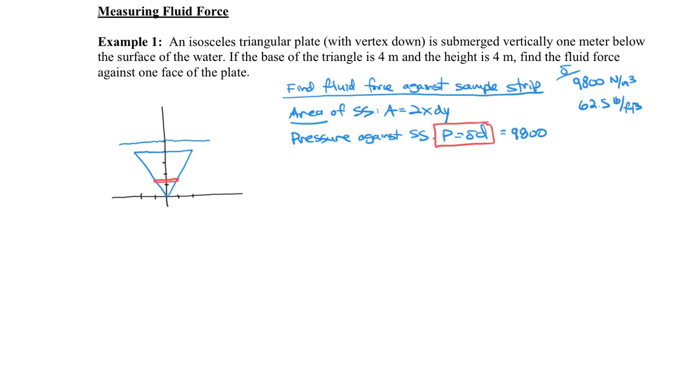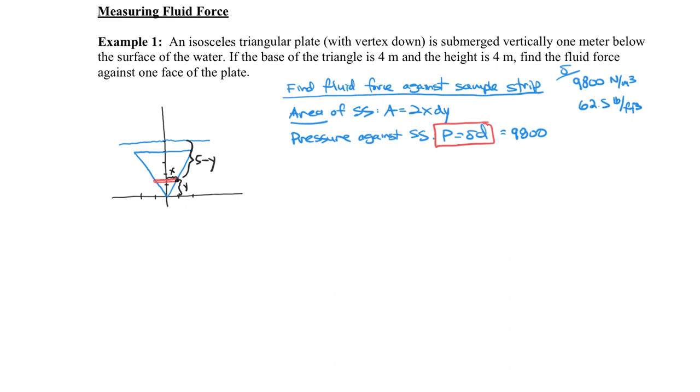All right, so the depth here. This point right here, we were talking about this being x. Well, this here is just going to be y. So this distance is going to be 5 minus y, right? Because this water level is at 5 meters. So if this is y, this is going to be 5 minus y.